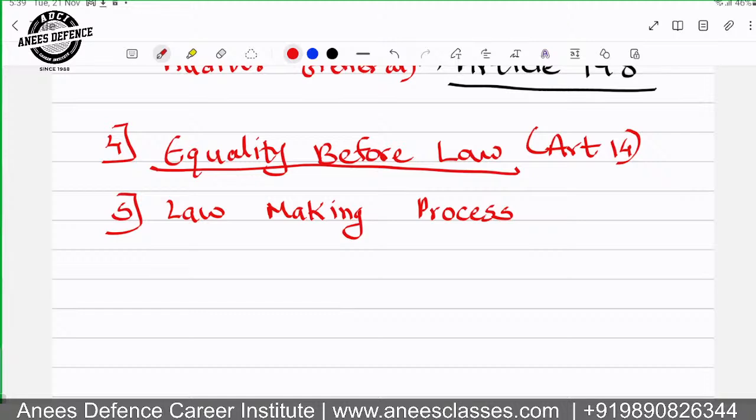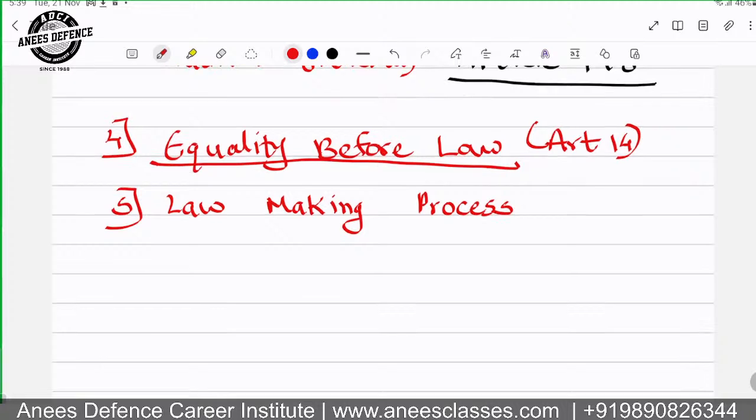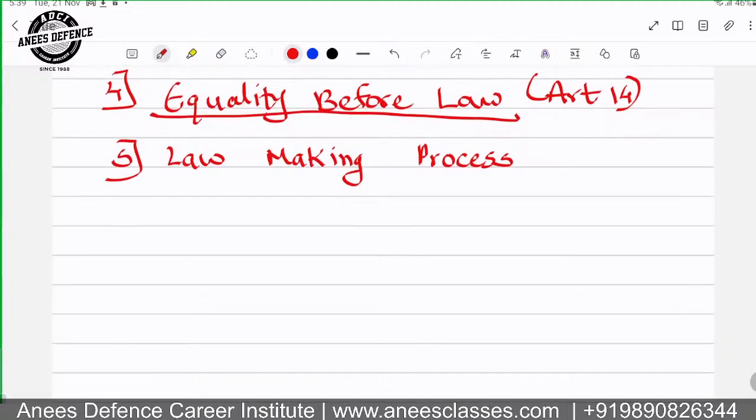Next is law making process. Law making process is already done. Like in India, we have three readings of a bill. First is introduction. Second reading involves detailed scrutiny.